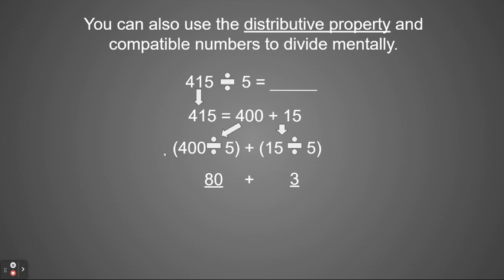So when I add my 2 quotients together, 80 plus 3, I will get a total of 83. So 415 divided by 5 is 83. So with the distributive property, we are able to break up a number into two compatible numbers, then divide those compatible numbers by our divisor, add them together, and get our final answer.